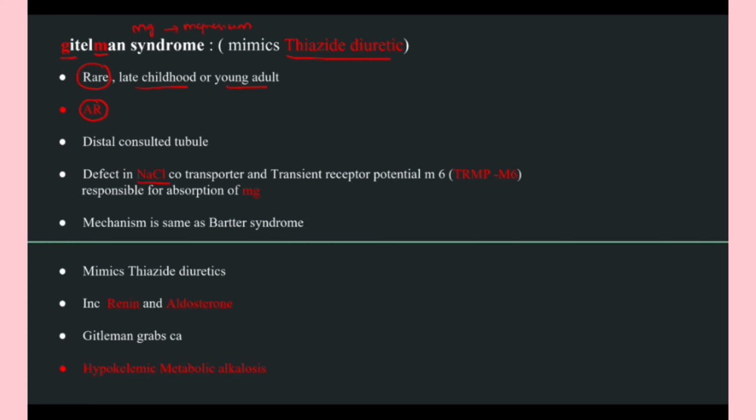It is due to a defect in the sodium chloride cotransporter and the transient receptor potential membrane M6, which is responsible for absorption of magnesium, and it is present at the distal convoluted tubule. And the mechanism is the same as Bartter syndrome.